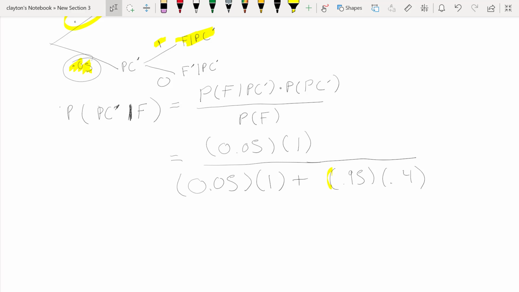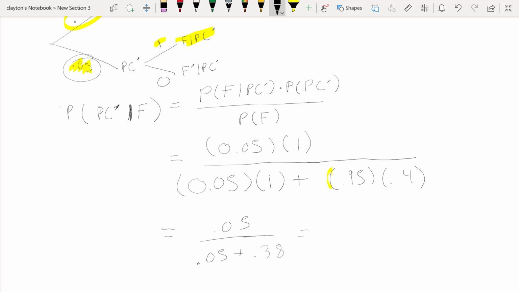And so let's go ahead, we'll pull out the calculator here. We don't need to do the first part, right? 0.05 times 1, easy enough, 0.05. And so we have 0.05 plus 0.95 times 0.4, enter. And so now we can just do our math.